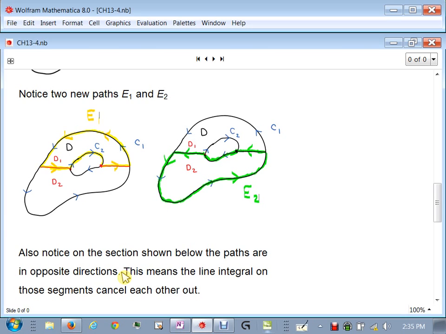Let me try and go around C1, okay? Let me try and go around C1 right here. Okay, I'm on E1, right? If I keep going, am I on E1 anymore? No. I'm on E2, right? Hold on. Let me keep going, okay? So I'm here, right?